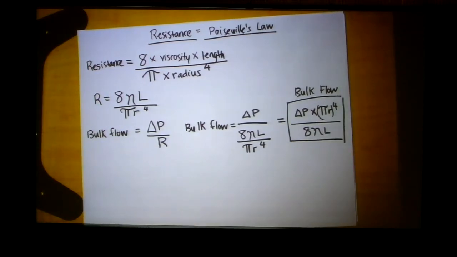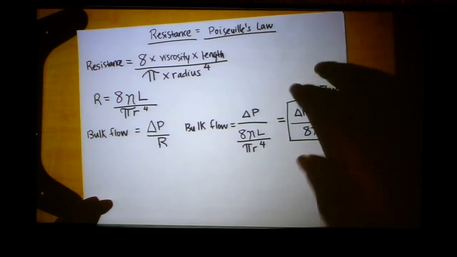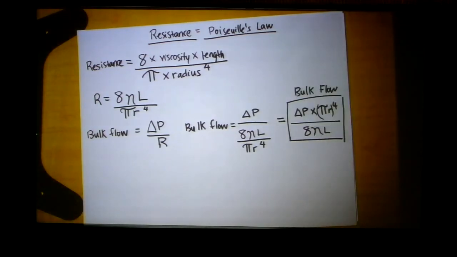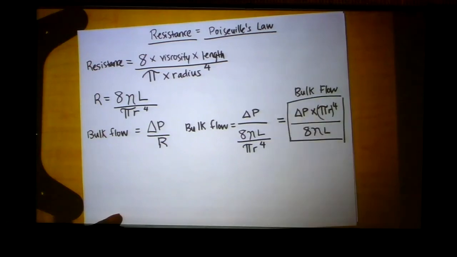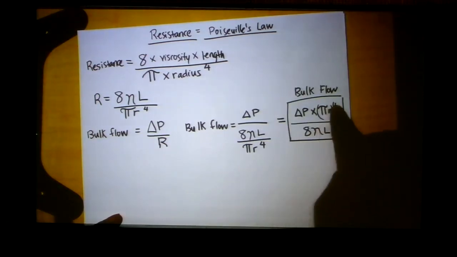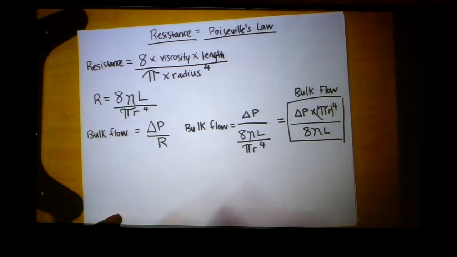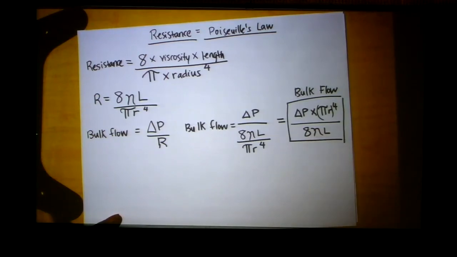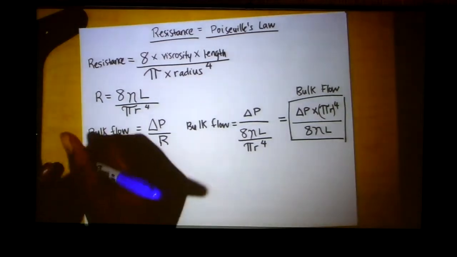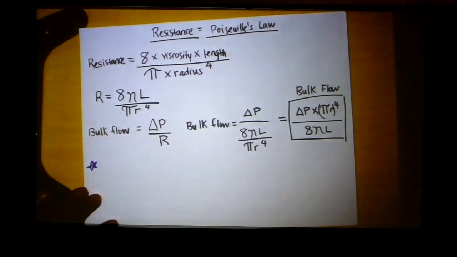okay? And I'll give some examples of practically looking at those relationships, but I really want you to look at this formula and see how we can derive those relationships. So bulk flow is directly proportional to pressure gradient, directly proportional to radius, but inversely proportional to viscosity, which is represented by eta here, and inversely proportional to length, okay? So let's write that out down here, and then we'll talk a little bit more about it.